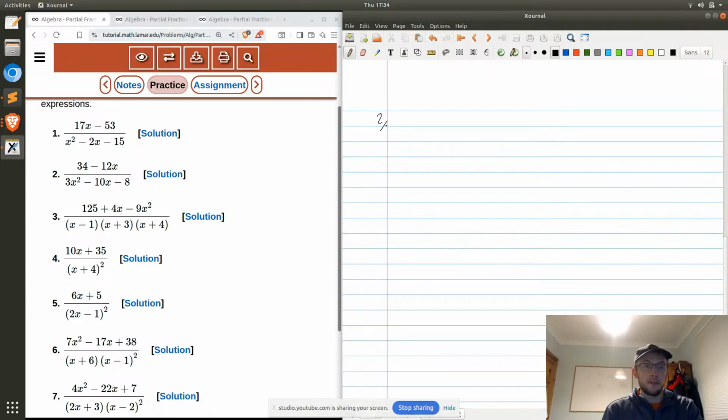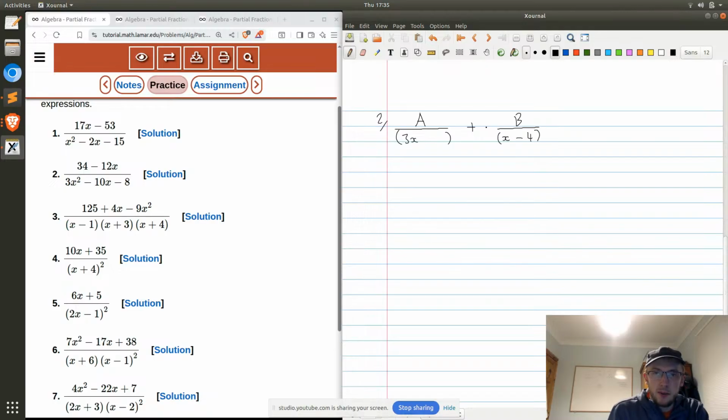For the next one, we factorize the denominator again. And ultimately, it will end up looking like this. All right, let's think.